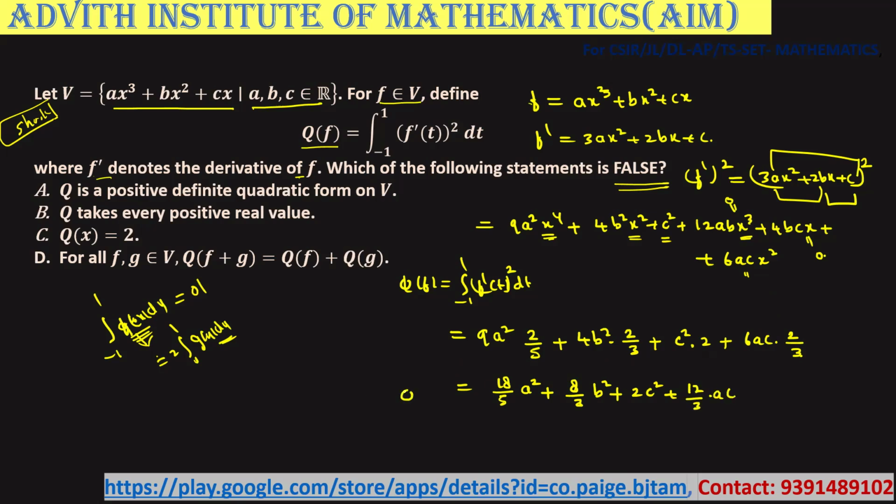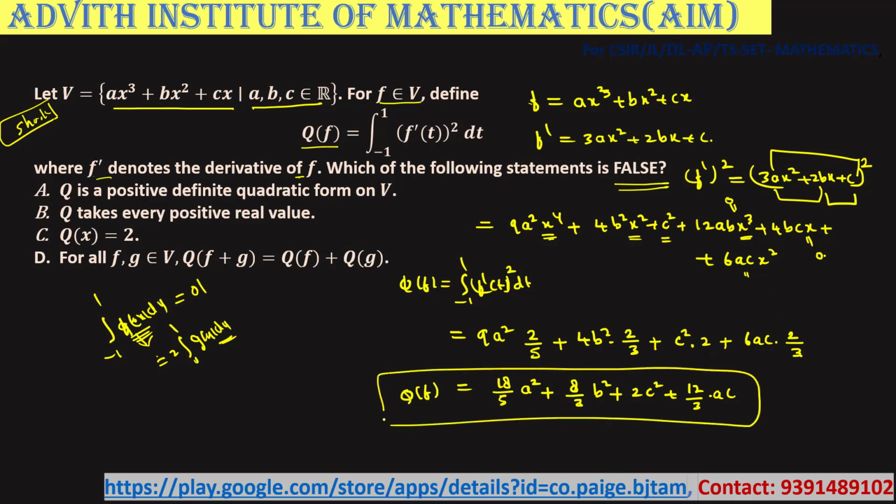And this is q of f, right sir? So therefore is it quadratic function? Is it a quadratic form? Yes, honey. దీని యొక్క డిగ్రీస్ అన్ని 2నే ఉన్నాయి కదా. సో ఇట్ ఈస్ ఏ క్వాడ్రాటిక్ ఫార్మ్. కానీ ఇది పాజిటివ్ డెఫినెట్ అవుతుందా?